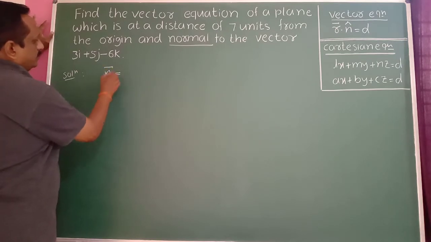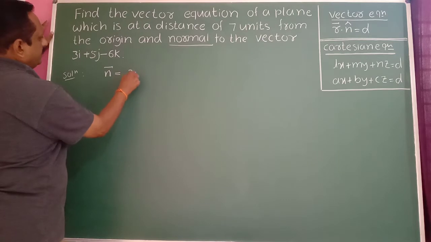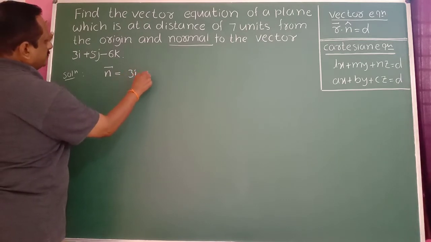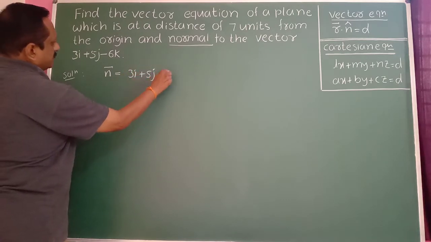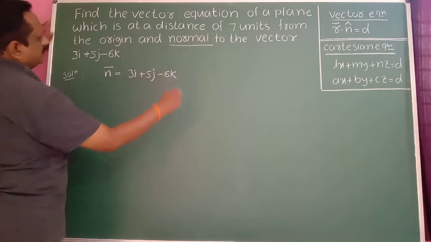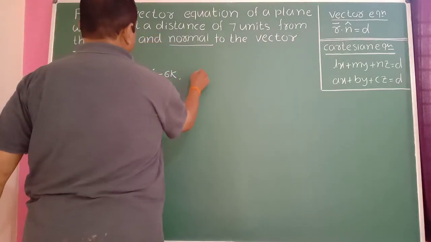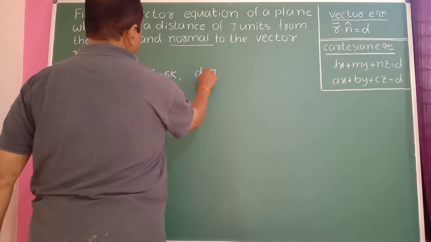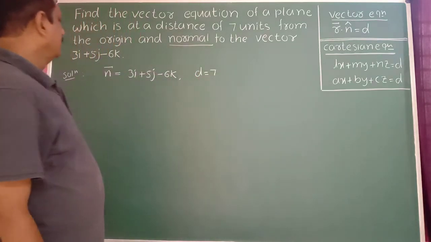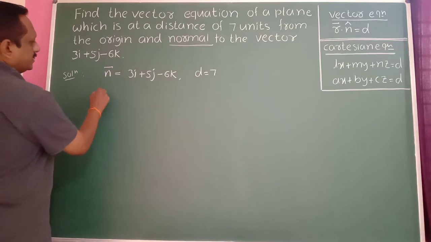is equal to 3i + 5j - 6k, and here d is equal to 7 units. D is equal to 7. Therefore, find its modulus here.